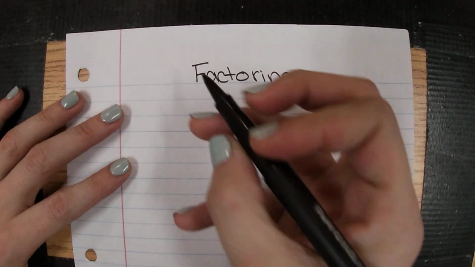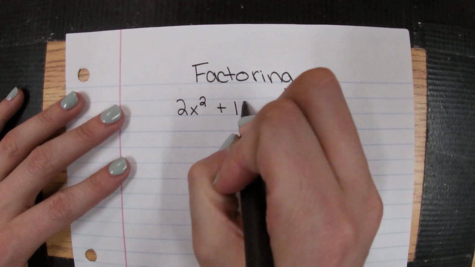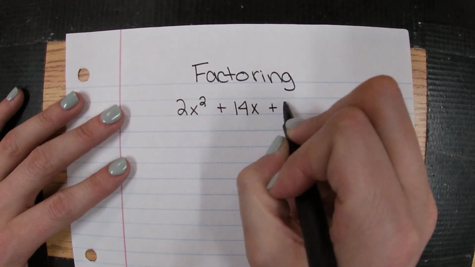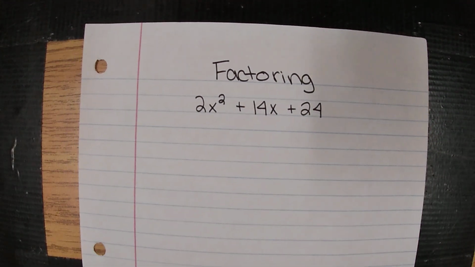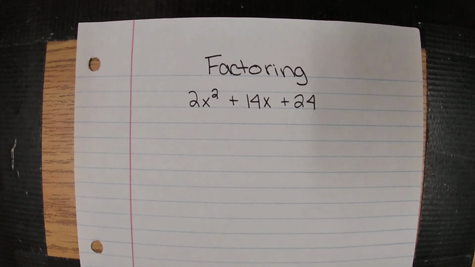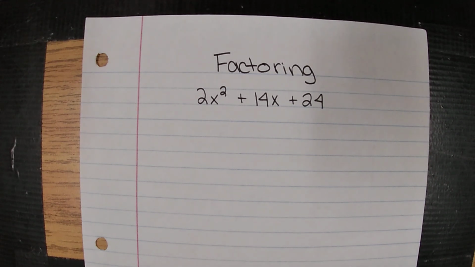Okay, so let's say we have something like 2x squared plus 14x plus 24. Now, you might be tempted when you look at this problem to go, oh, it has 3 terms, it's a trinomial, so I can multiply 2 times 24 and start listing my pairs. And you wouldn't be wrong. You absolutely could do that.